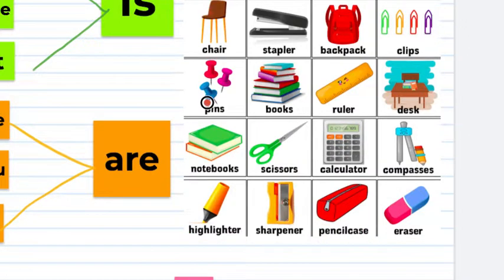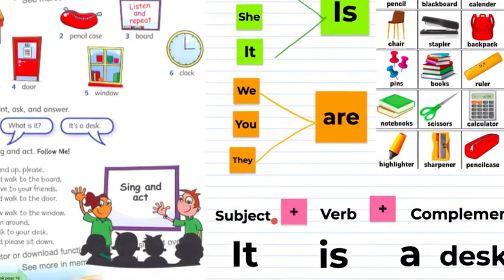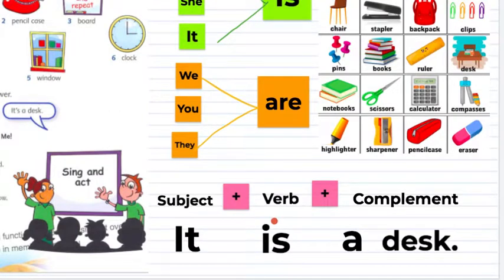I'm not naming all of them because it's going to take a lot of time, and this has to be really fast. No los voy a nombrar todos porque me voy a tomar mucho tiempo, entonces esto tiene que ser muy rápido, ¿vale? Para que no dure tanto el video. Entonces, if you notice, you have a formula right here.